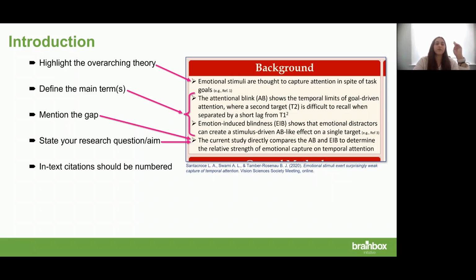And also, in-text citations should be numbered and not written out. Sometimes they can be written out in full if you're doing a very specific replication of what one researcher did. Maybe that's a time when you would want to write out the full in-text citation.